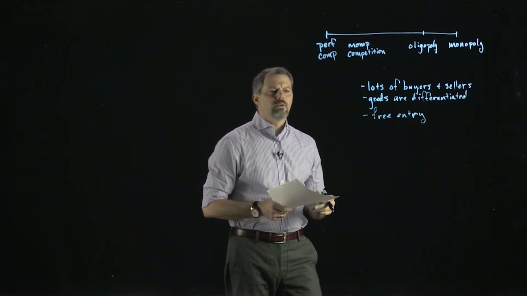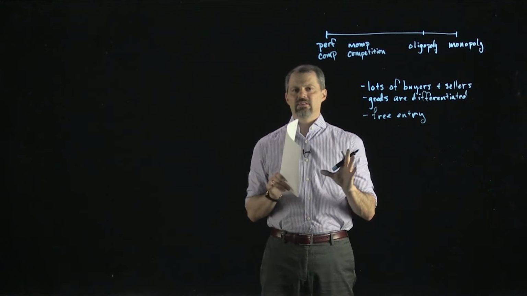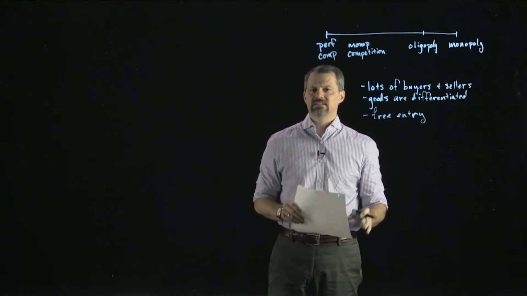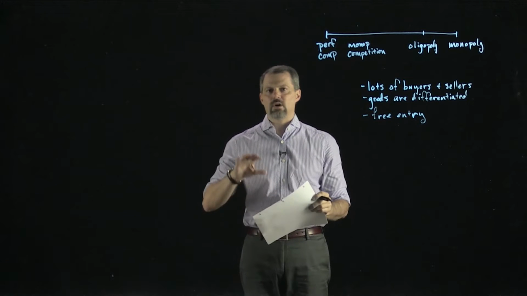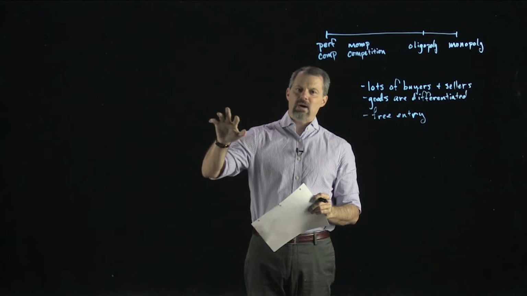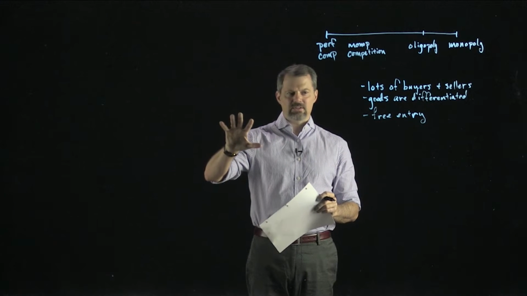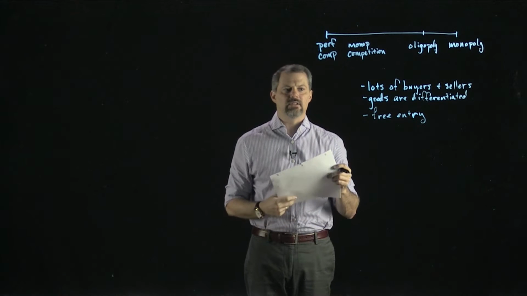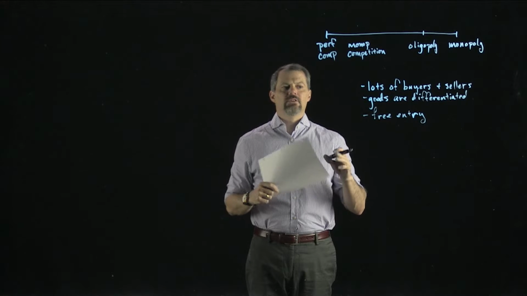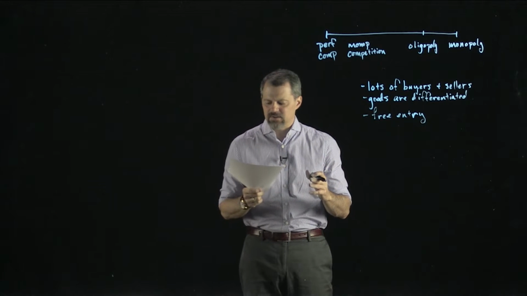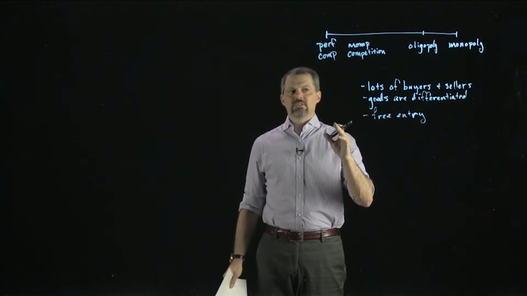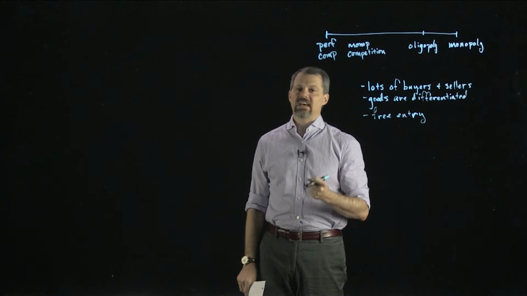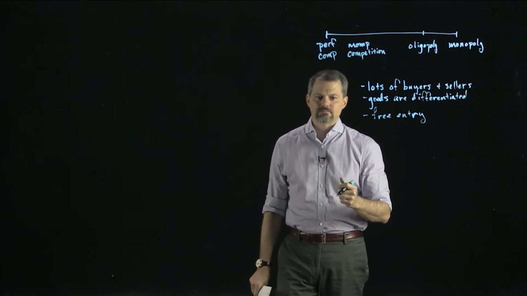Now what we know, and I've said this several times, if it's been a while since you've seen monopolistic competition, I would encourage you to go watch my Principles of Micro video on monopolistic competition, where I go into a lot more depth than I'm going to go into here. Here's what we know from monopolistic competition. Because the goods are differentiated, each firm is going to face a downward sloping demand curve.